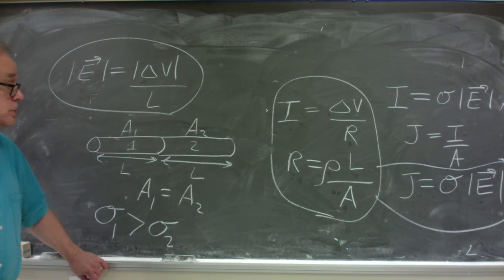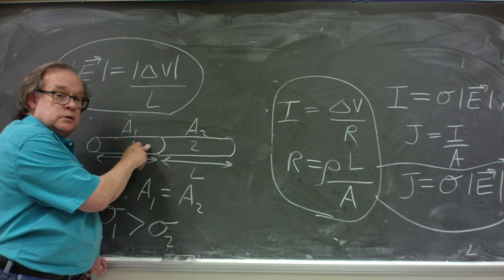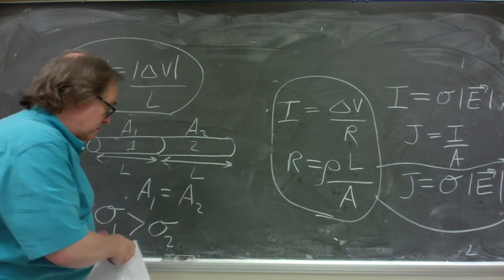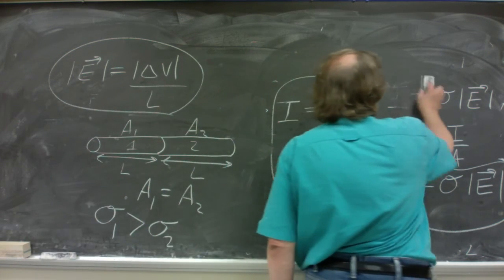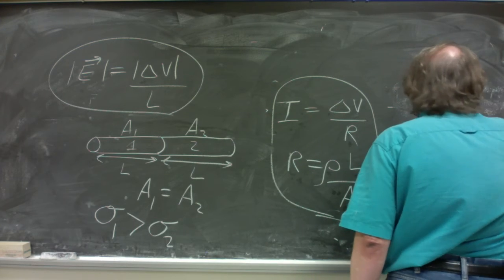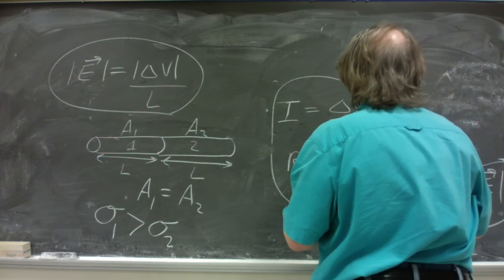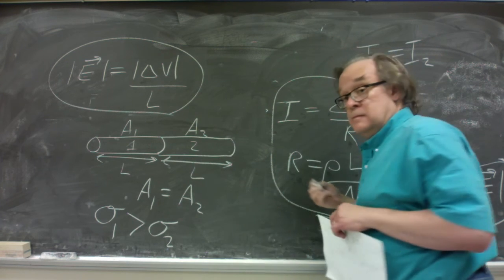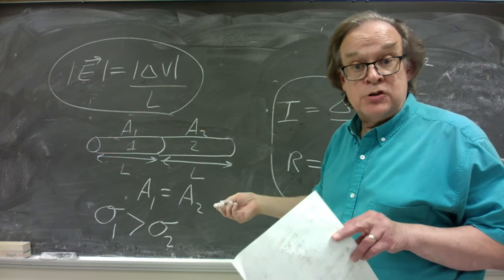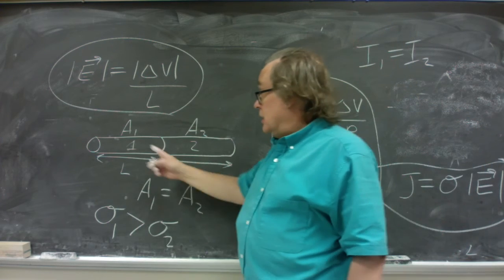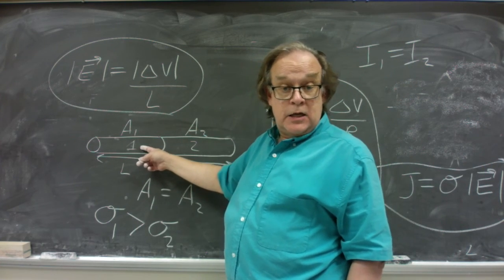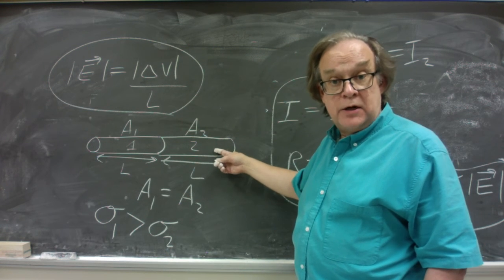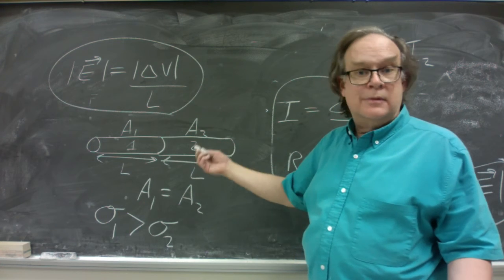So let's think about this. First, what about the current going through segment 1 compared to the current going through segment 2? They have to be the same. That's conservation of current, right? The rate at which charge passes by any point in the path of current is the same as the rate at which charge passes by any other point.